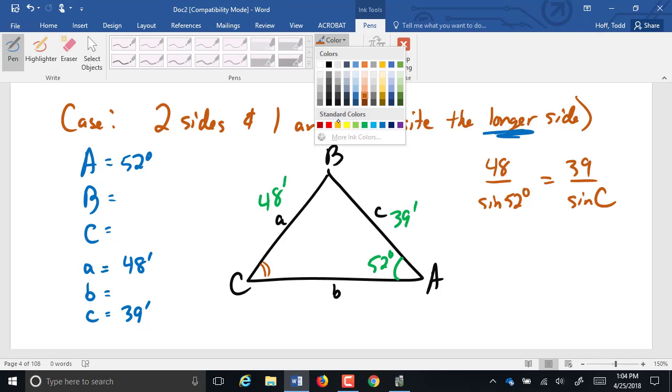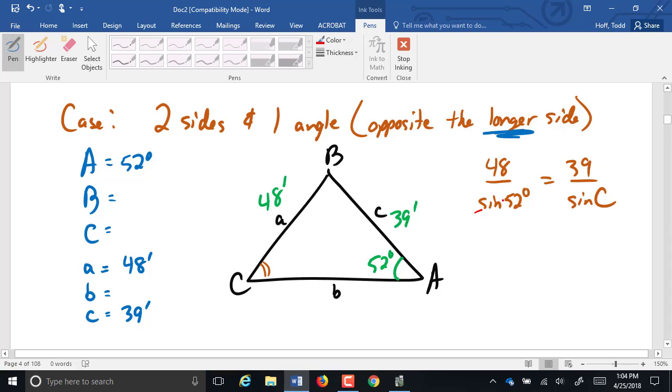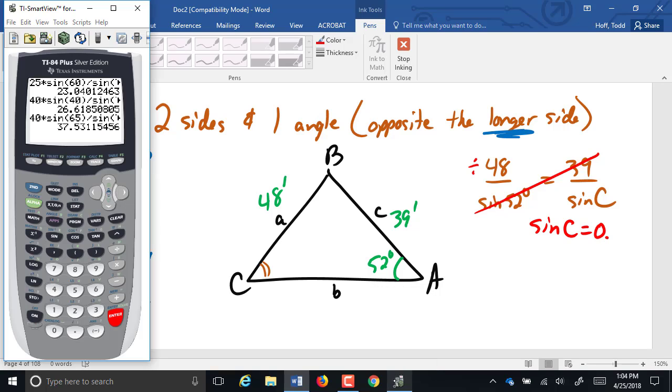Now note here that when we cross multiply and divide, we are not finding angle C, we are finding the sine of angle C, because it's sine of C. So we've got the sine of 52, close parentheses, times 39 divided by 48, gives us 0.6403.